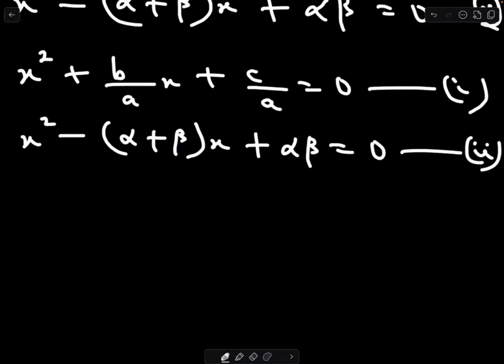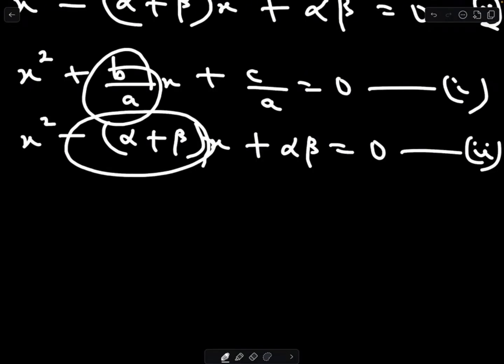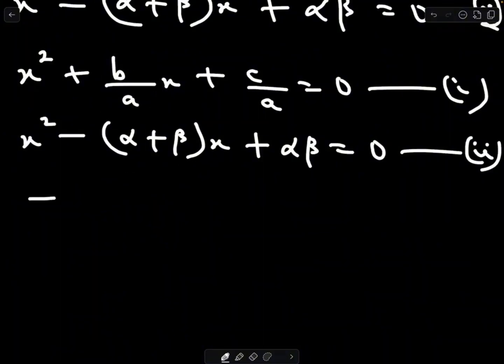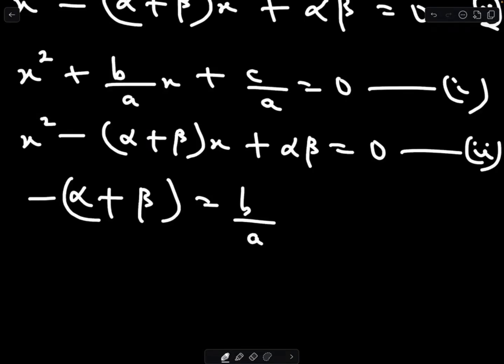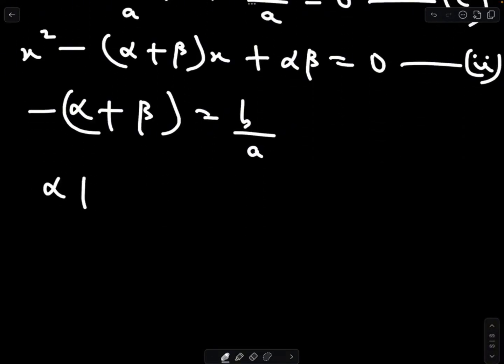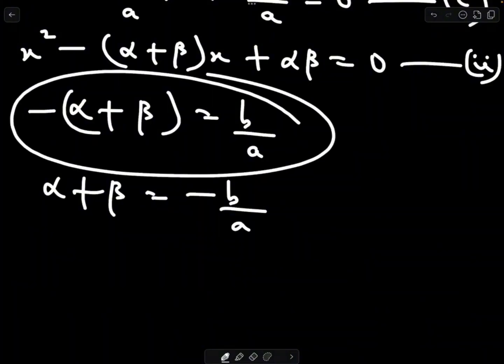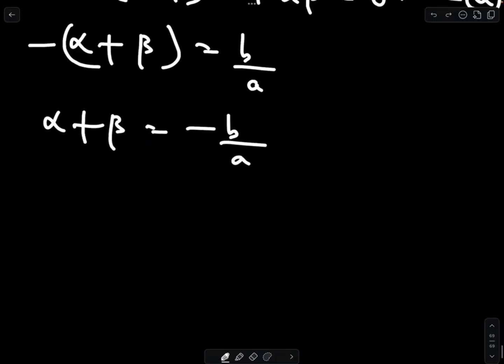Now if I compare coefficients in equations 1 and 2, the coefficient of x in equation 1 is b over a, and the coefficient of x in equation 2 is minus alpha plus beta. That means minus alpha plus beta is equal to b over a, and that simply means alpha plus beta equals minus b over a if I multiply through by minus 1.